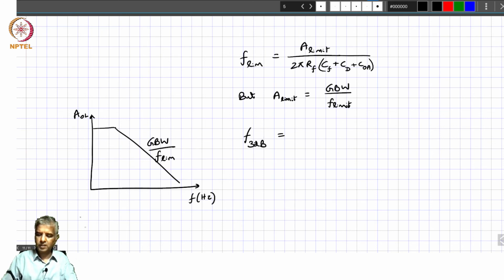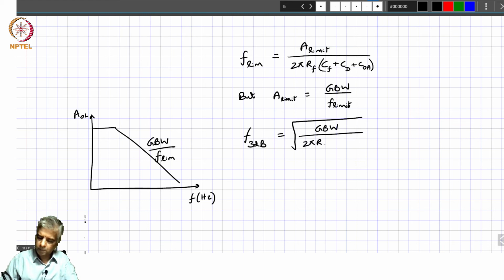In which case, f squared is equal to gain bandwidth divided by this value, so f 3 dB can be written as the square root of the gain bandwidth of the op amp divided by 2 pi RF times (CF plus CD plus C op amp and so on).